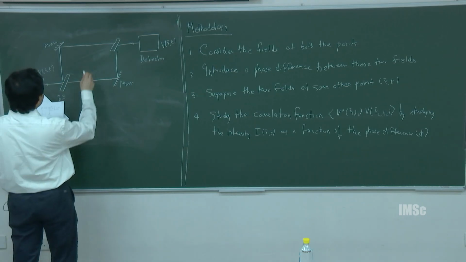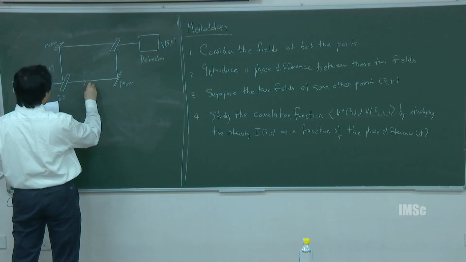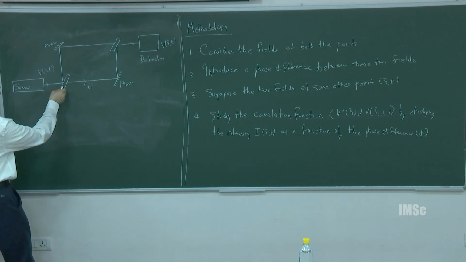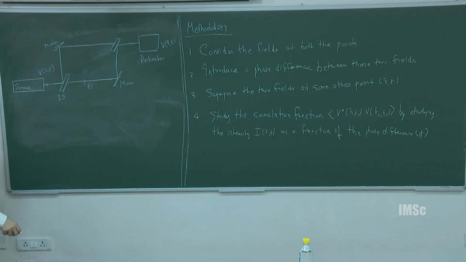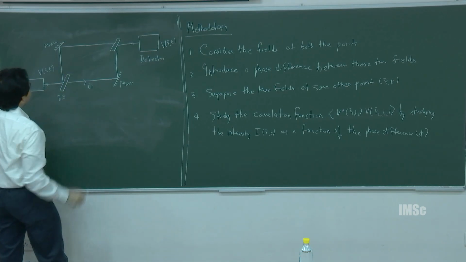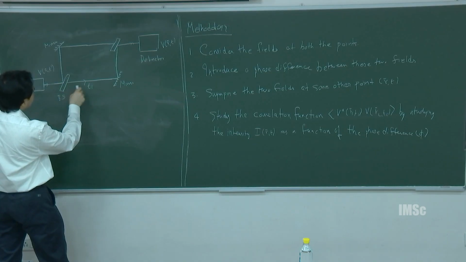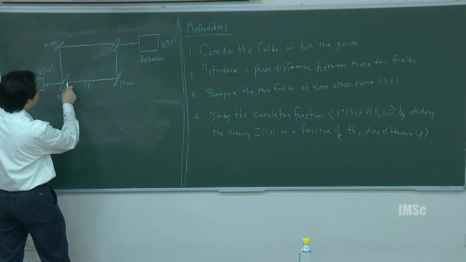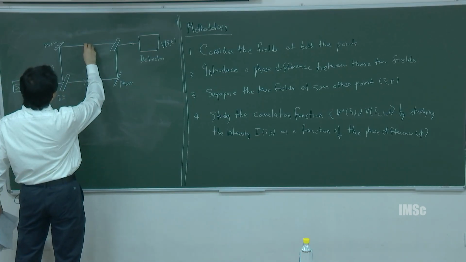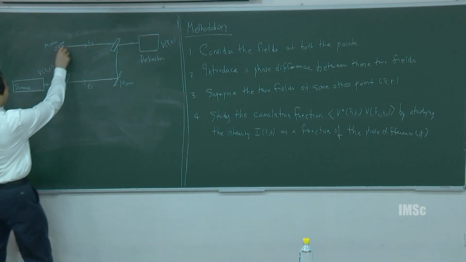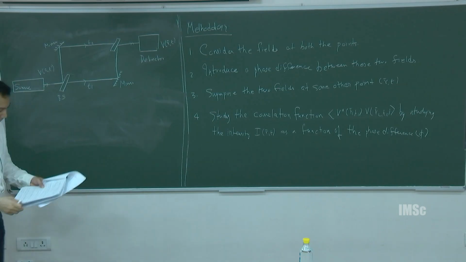Now, the field from the source hits this beam splitter and it gets split into two paths. Let us say that it takes time t1 for the field to reach the detector along this path, and time t2 to reach the detector along the second path.